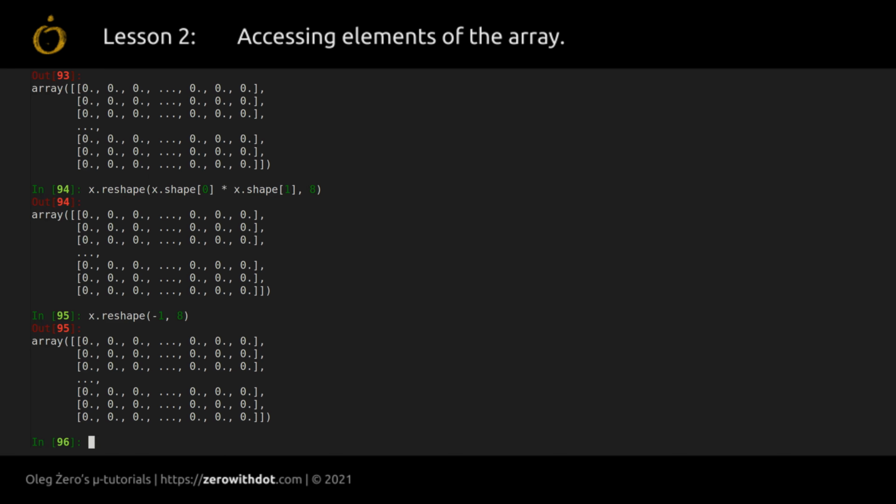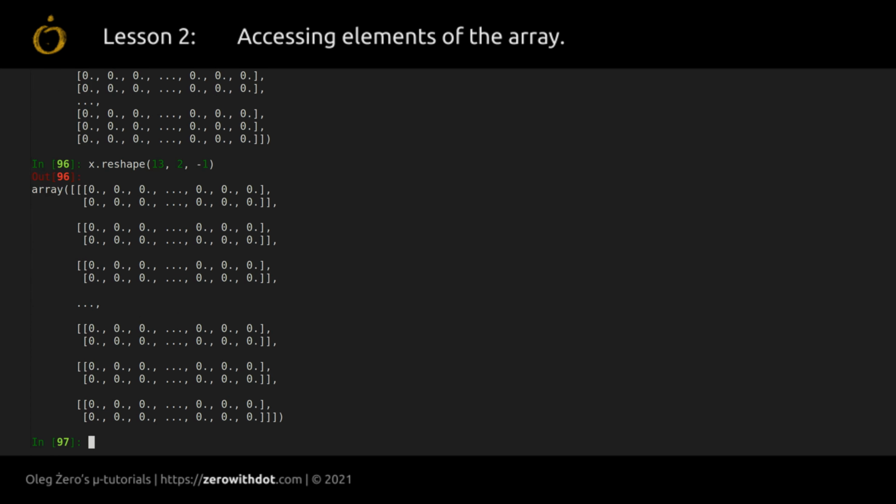So we want to have strictly 8 elements along the second axis, and on the first axis just put them such that they would agree. Similarly, if we have 13 by 2 by -1, it can do that.